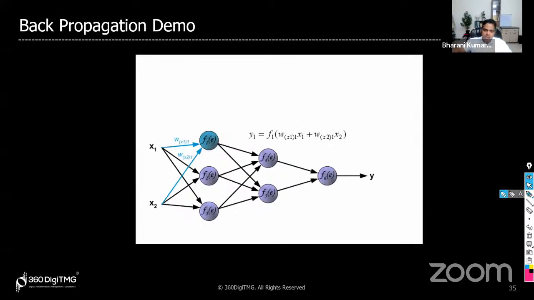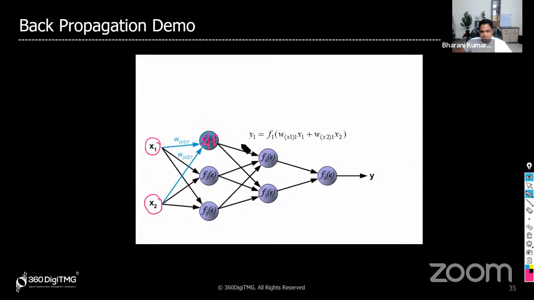Assume that we started our algorithm wherein you have two inputs and one output. How are weights initialized? First, randomly the weights are initialized. So we have x1 and we have x2, and you have weights which are randomly initialized. And here you will have integration component and activation component.